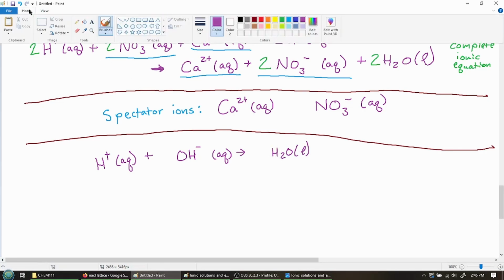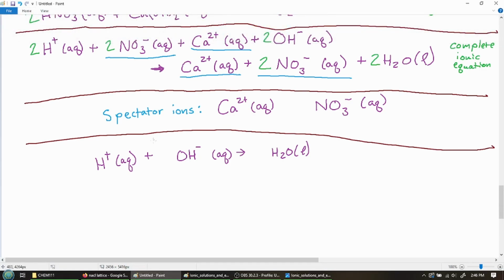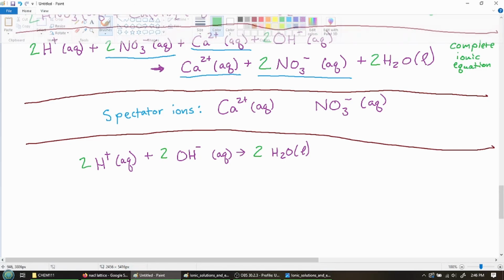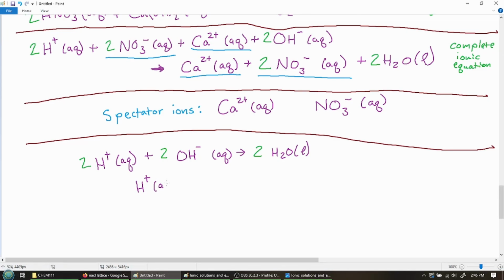Now you'll notice that in this case, we can carry over these 2's in front of everything from the complete ionic equation. But now that we're here, of course, we don't really need to include them. We can, if we want, just to remind ourselves sort of where we came from with the complete ionic equation.